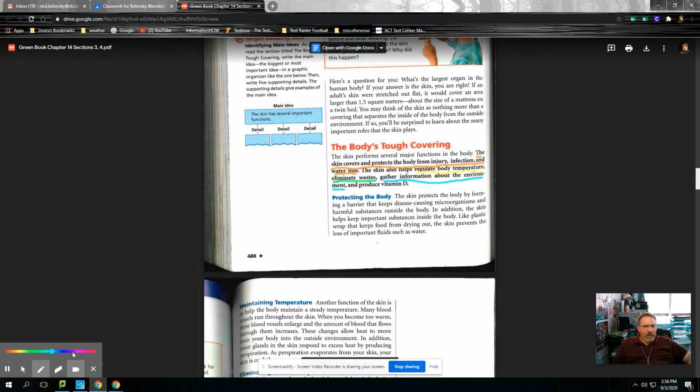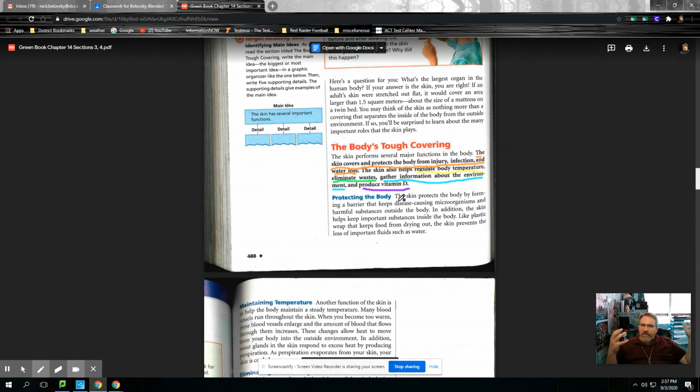And let's use purple. The last one is your skin produces vitamin D, which is vital for having good, healthy bones. Okay, so protecting the body. Okay, that's a simple one. Your skin protects you from when you get hit. It protects you from bacteria and viruses landing on you. Coronavirus does not soak through the skin, and neither does measles and chicken pox and the flu.